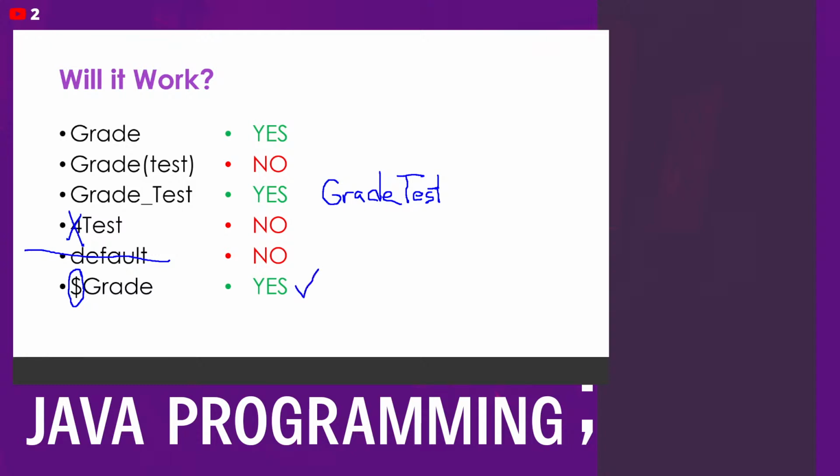That's just fine. The dollar sign comes from some old school days of programming. There are certain programming languages where you have to have a dollar sign to indicate that a certain thing is a variable. So in this case, this is just fine.